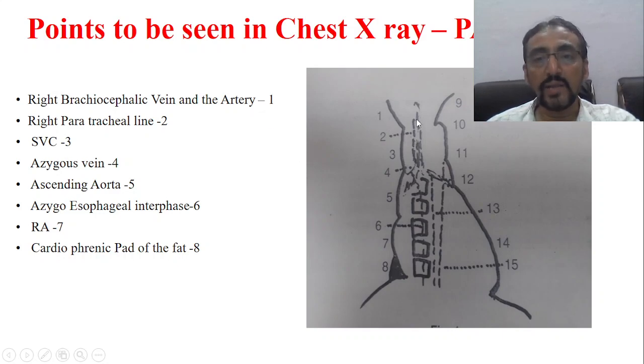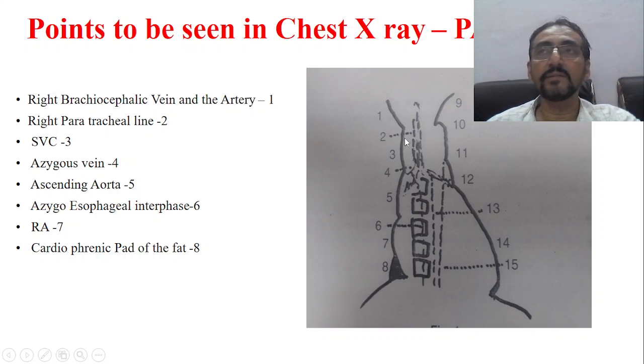Come to the number 2 area. Just below this right brachiocephalic vein and artery, number 2, which is noted here, is the right paratracheal line. See, this is the trachea actually. On both sides of this trachea, we have got lines, and these lines are called the right and left paratracheal lines.